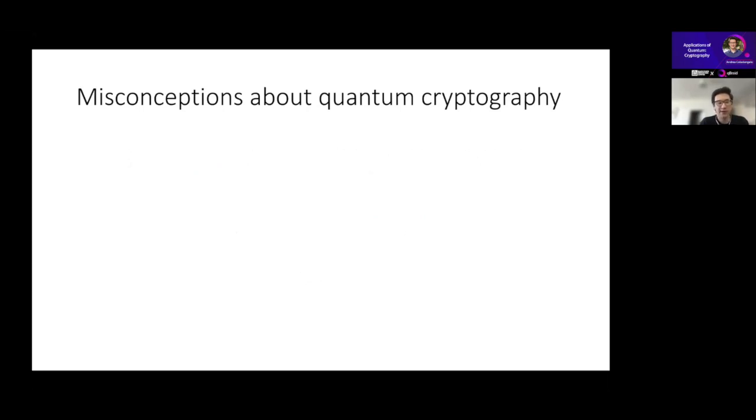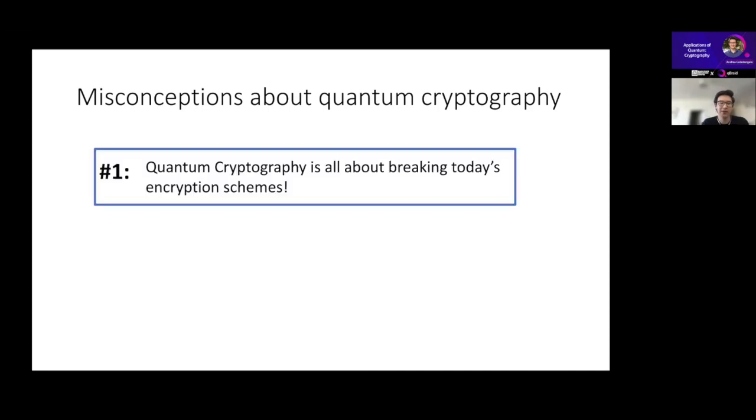So the first misconception is that quantum cryptography is all about breaking today's encryption schemes. As you know, Shor's algorithm for factoring can be used to efficiently break most of the cryptographic schemes that we employ today. So this is bad news. And it's somewhat of an unfortunate, I would say, historic coincidence that we have actually based the security of most of the cryptography that we use today on the hardness of a problem that actually can be solved efficiently on a quantum computer.